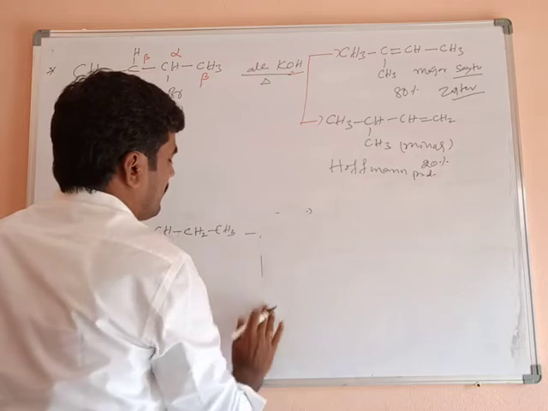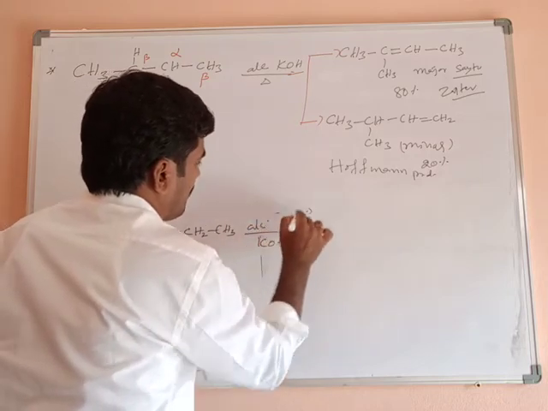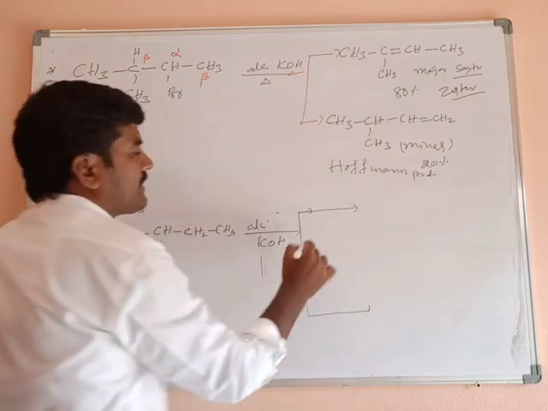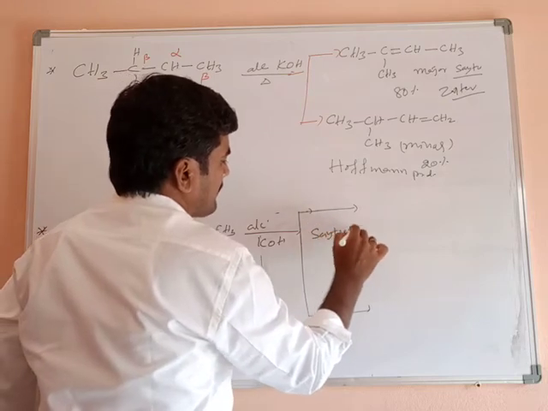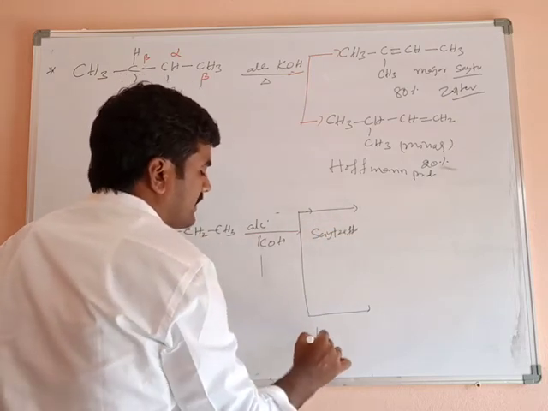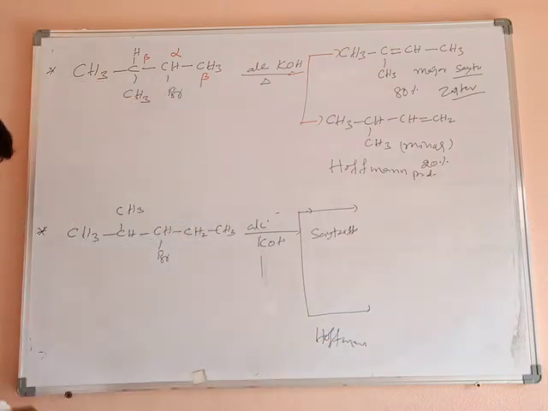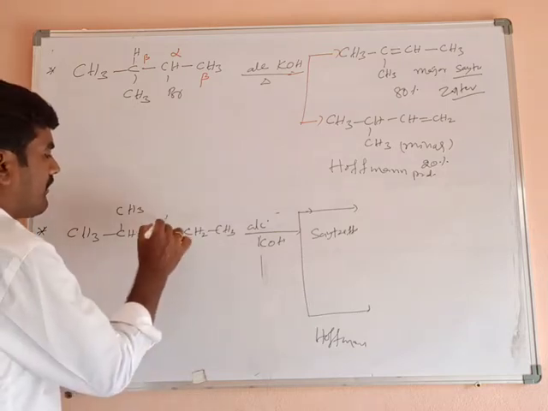Now boil with alcoholic potassium hydroxide. Boil with alcoholic potassium hydroxide, according to the Saytzeff rule. This is called the Saytzeff product. This is major. And another one is the Hofmann product. According to the Saytzeff rule, the hydrogen atom is eliminated from the beta carbon with fewer hydrogen atoms. This is the alpha carbon.